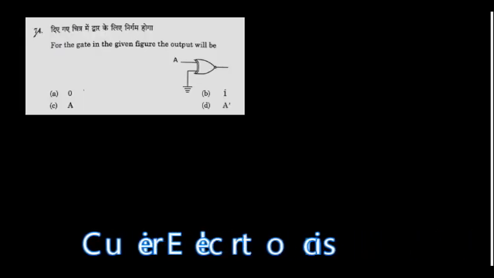Number 74. For the gate in the given figure, what will be the output? Now for a NOR gate, when both inputs are the same, we get an output of high. That is possible here, since this is already connected to 0. So whenever A becomes 0, we will get output high. That means when A equals 0, the output is A bar, A complement.